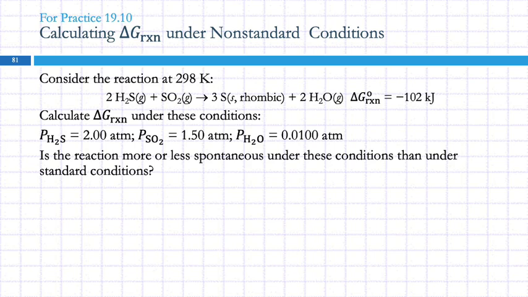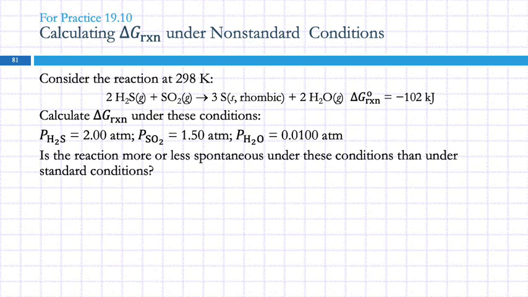Let's do one that's a little more complicated. Consider this reaction at 298 K. Calculate delta G under these conditions. So here we have a chemical reaction where we have things that are in the gas state, and then we have this one solid. We are given partial pressures for all these gases. We're going to use Kp or Qp to do this.